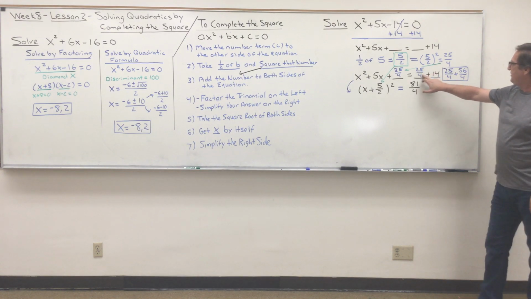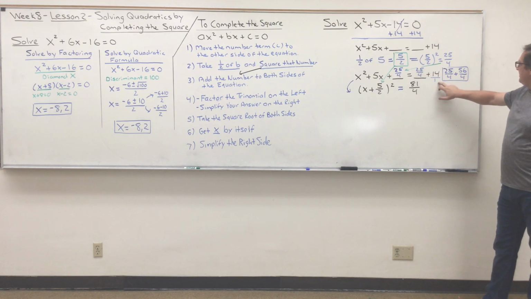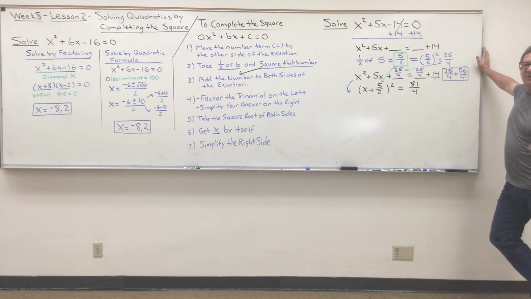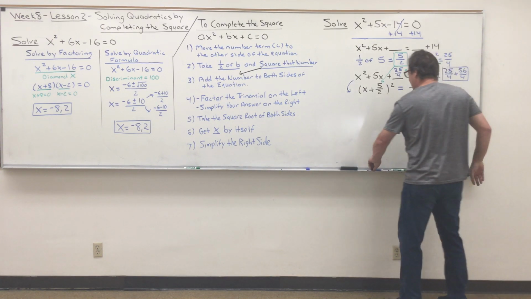Okay? So 25 over 4, put a 1 under it. 1 times 4 is 4, 4 times 14 is 56, so if we were adding fractions back in our older, younger days, that's where we'd be. And then what do we do next? We take the square root of both sides.